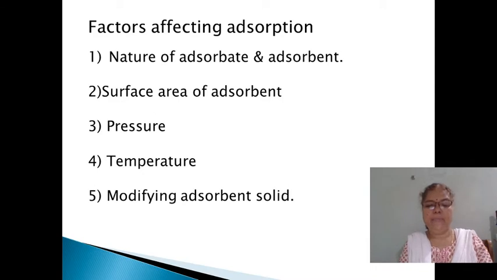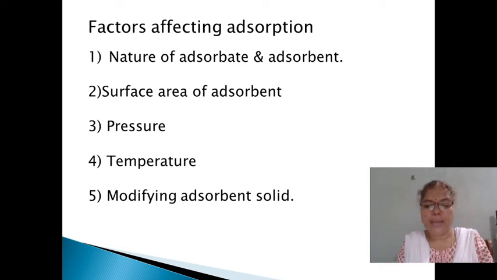Then the second factor is the surface area of adsorbent, and the larger the surface area of the adsorbent, the greater is the adsorption. That means the rate of adsorption is proportional to surface area. Then the pressure.